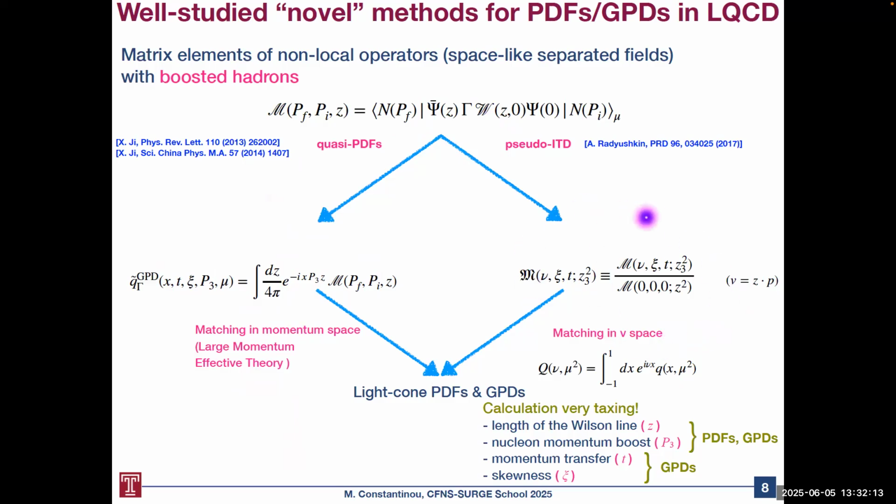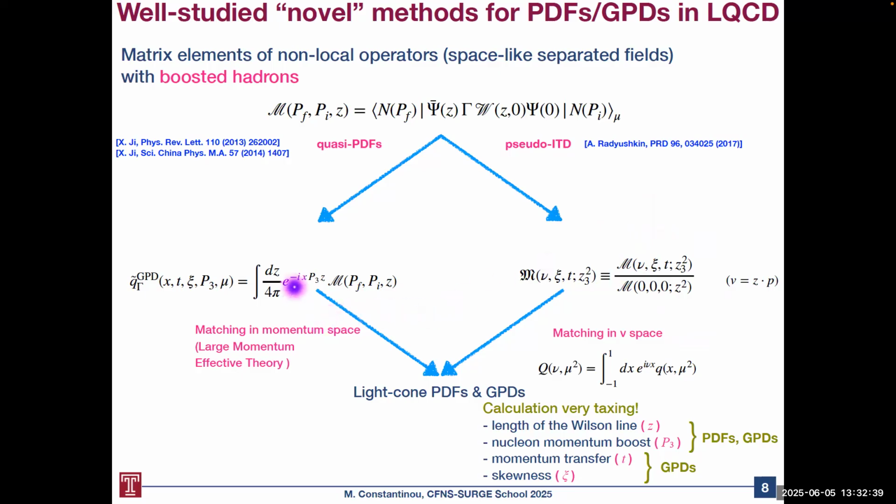The pseudo-Ioffe time distribution relies on taking ratios of matrix elements. And if you have multiplicative renormalization, A times something over A times something else, A cancels out. So in that sense, you don't have to renormalize. On the other hand, there are other kinds of weaknesses. What if you have mixing and it's not A times something, but there are additive terms?